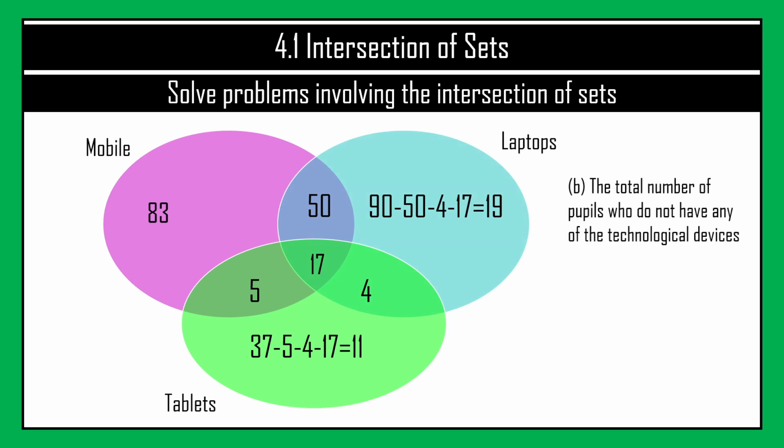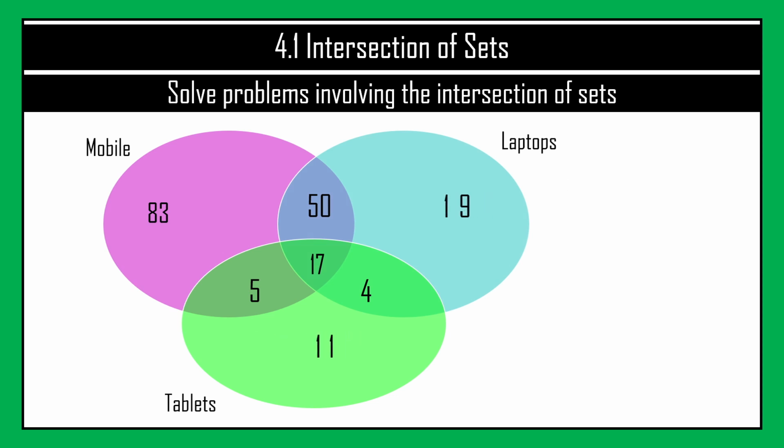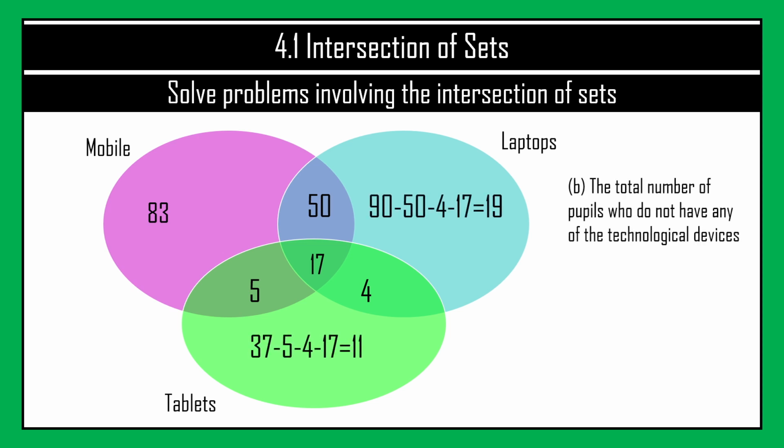Okay, so from this information, if you total up all those numbers, it actually does not get to 200. This means that for the second part of the question, the students that did not have any technological devices are those that are not in these three sets.